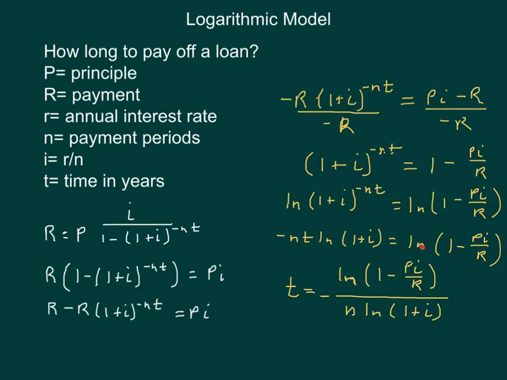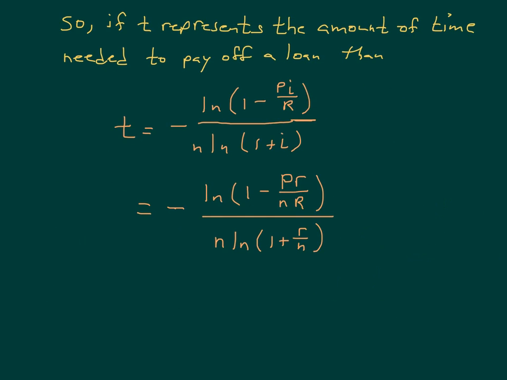So right now, this is where I'm at. Now keep in mind, I is r over n. So if t represents the amount of time needed to pay off a loan, then t is negative ln of 1 minus PI over R, capital R, all over n times the natural log of 1 plus I.